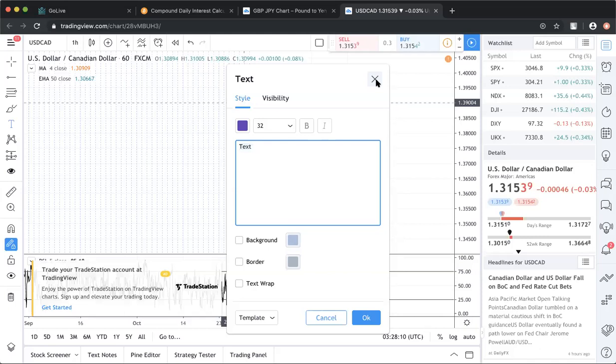Hedging trades, right? Let's say you get into a buy on USD CAD, and it starts going down. When it starts going down, you panic, and at the same time, you get into a sell. So now you're both in a buy and in a sell.